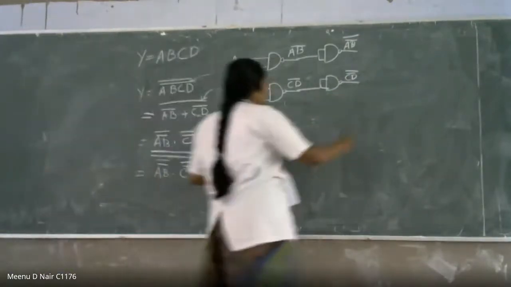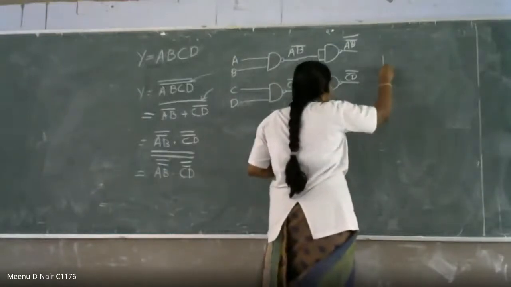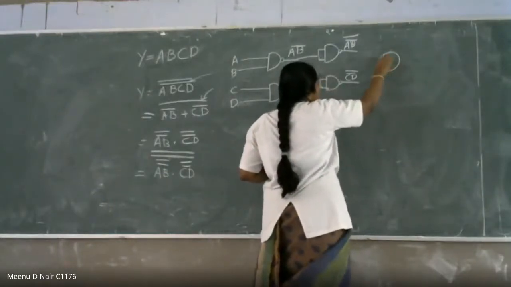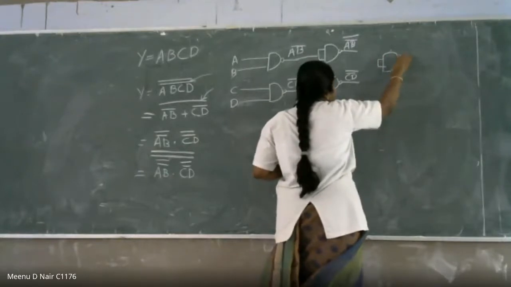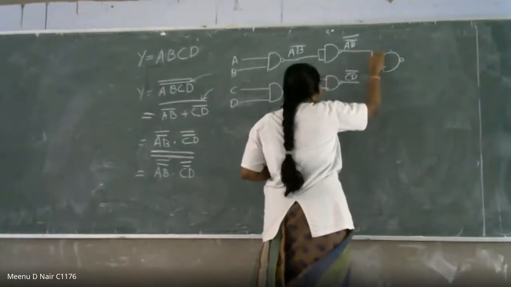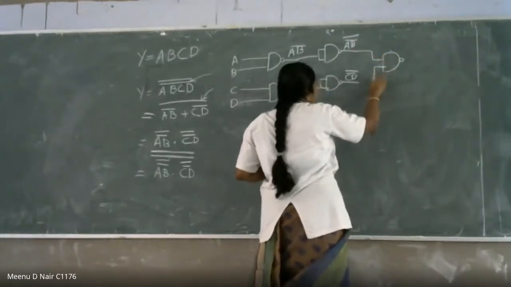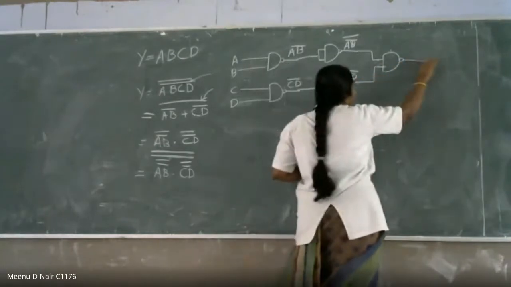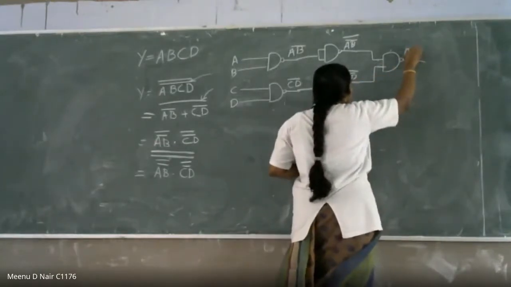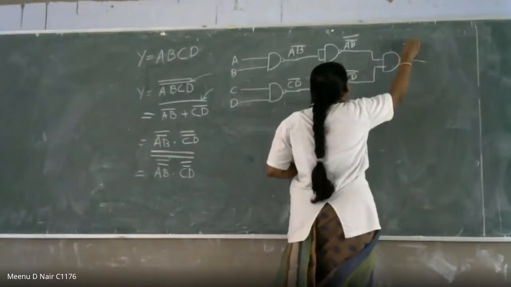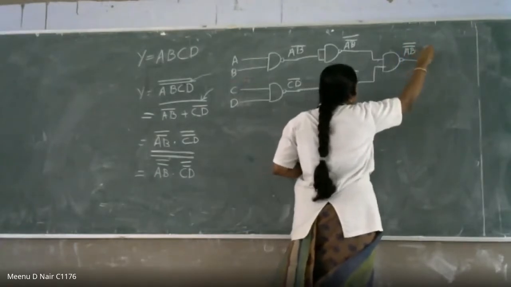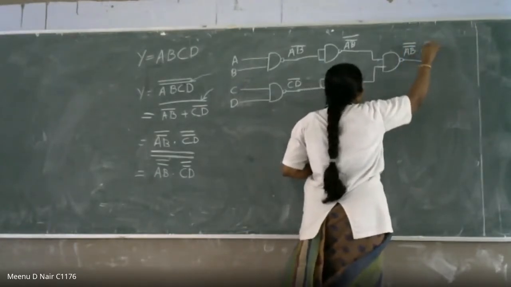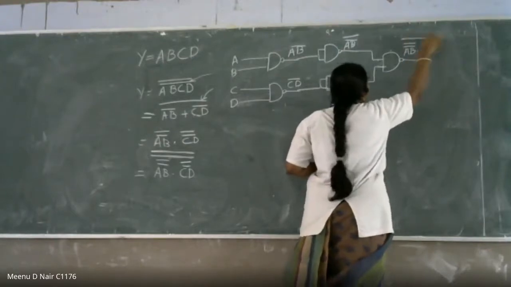Now we are using a single NAND gate here, with one input and another input. So what is the answer here? AB double bar into CD double bar, whole bar.